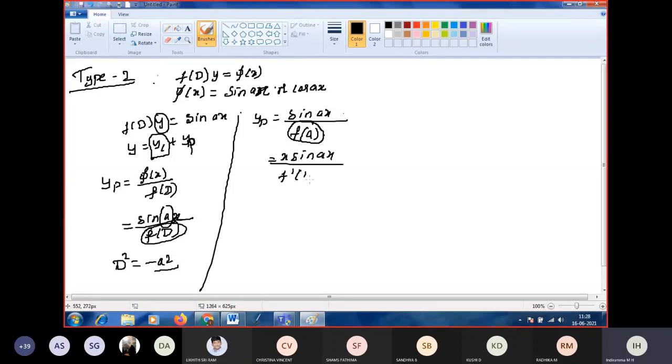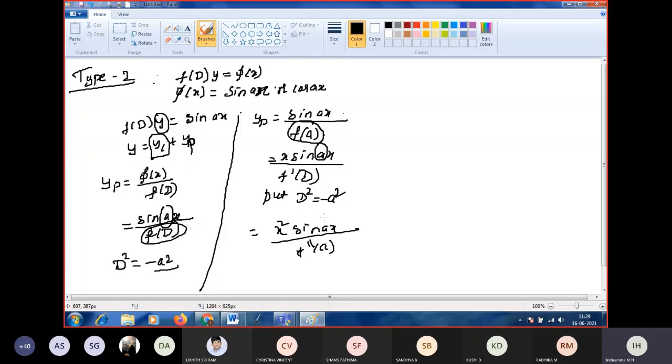Again, if you have a d square term, you replace d square by minus a square. The a will not change throughout the problem for that particular term. So next we get x into sin ax divided by f dash of a. If the denominator is again 0, then you consider x square by f double dash of a. Like that we continue the procedure.